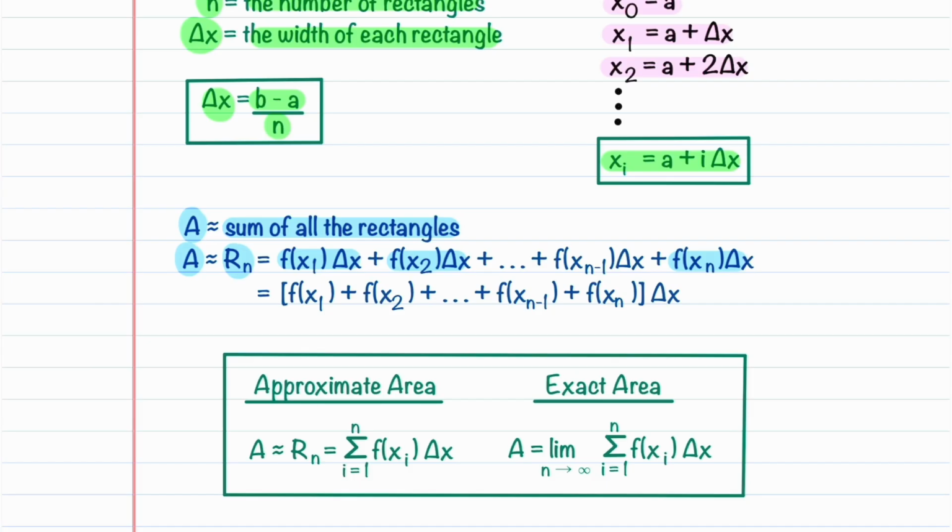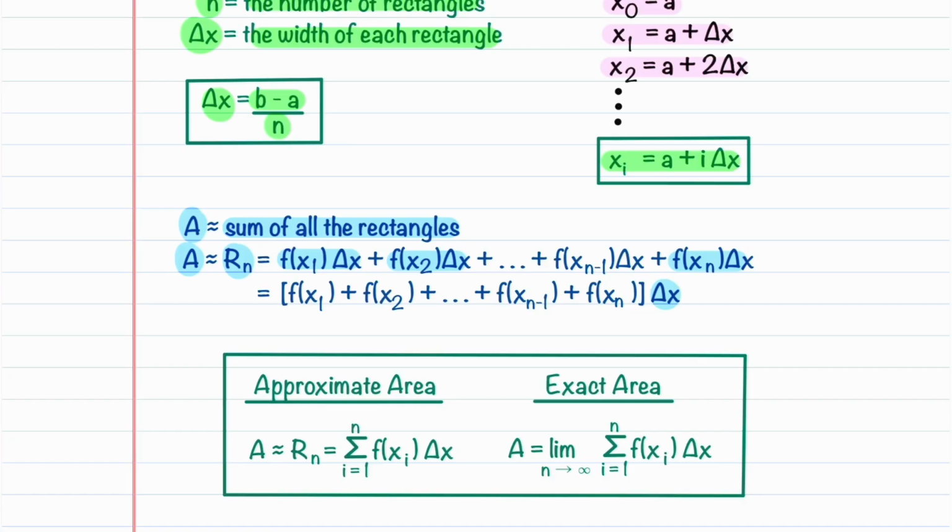Notice that all of these terms have a delta x in it, so we can combine them and pull out our delta x. This formula is really long, so what's done in practice is that this formula is written using what's called summation notation. I have a video on that if you need to review that. It's just a compact way of writing the sum of a bunch of terms.